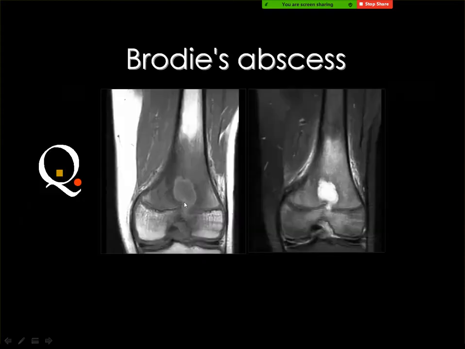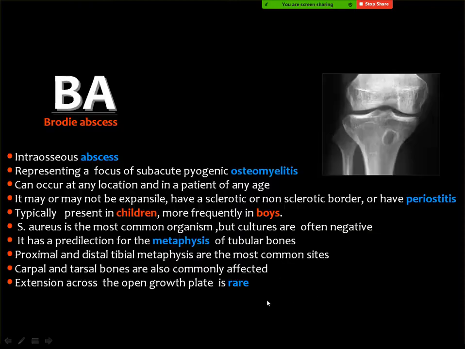This line, which connects the abscess to the physis or may cross the physis, is one of the supportive signs that this is a Brodie abscess, and actually this is seen in cross-sectional imaging, not in the plain X-ray.